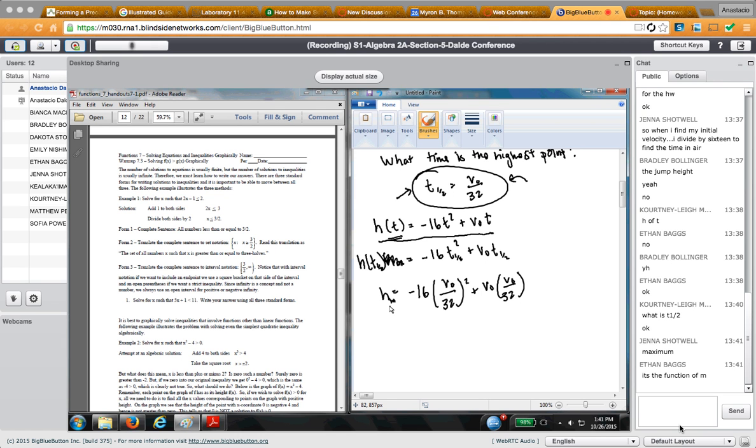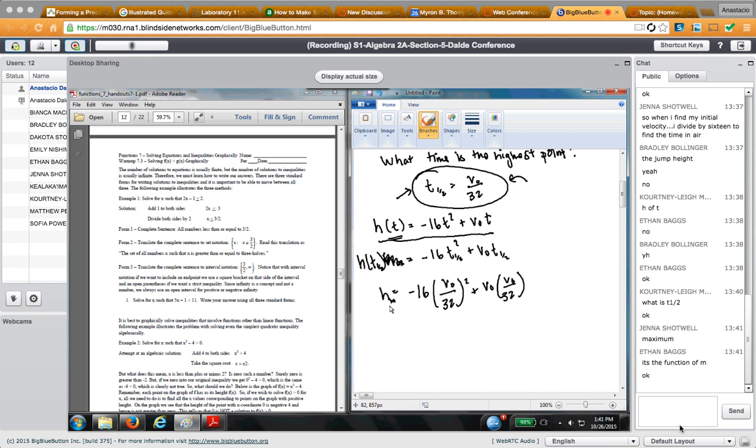If it were a function of m, then I would put it in parentheses. But I put a small little m in there because it's telling me I'm talking about a very specific height. Technically, I could write it like this. My height is no longer a function of time, it's a function of v naught. Do you see that? It's a function of the velocity. That makes sense.